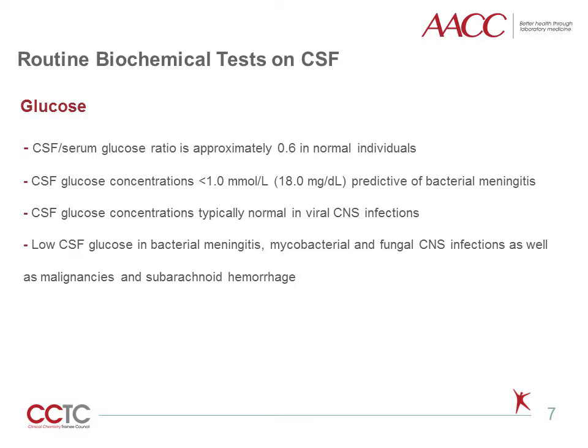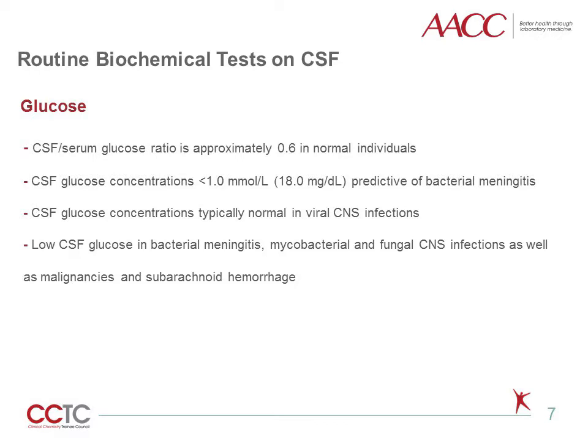Glucose is removed from the CSF by transport across capillaries and arachnoid villi, but also utilized by cells lining the ventricular cavities and subarachnoid spaces. As a result, it normally takes hours for the serum glucose to equilibrate with the CSF glucose. The CSF to serum glucose ratio is approximately 0.6 in normal individuals.